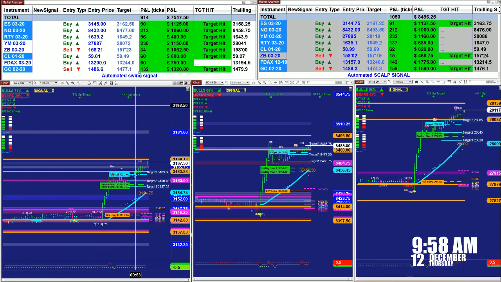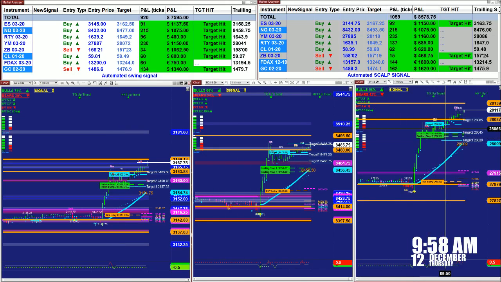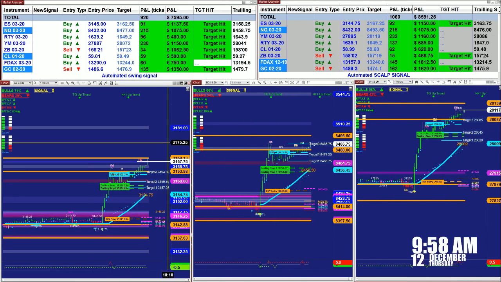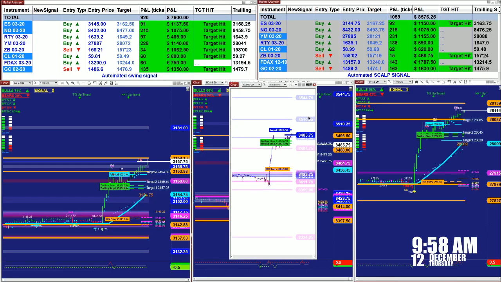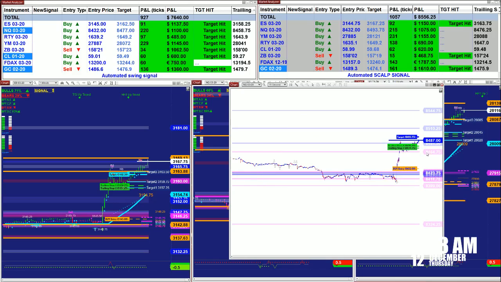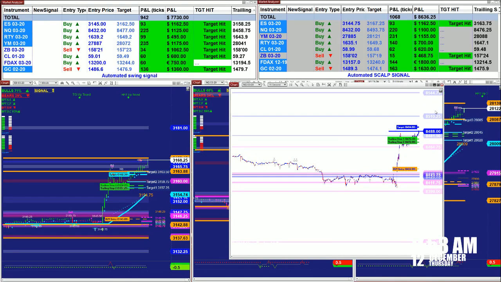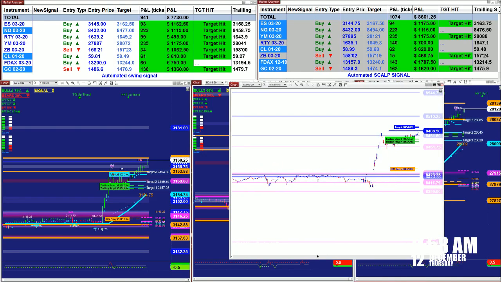On the swing trading, we use the blue chart here for the swing trading, and they already hit the target, all of them. For the scalper, the right corner here, we use the white charts as you see here. This is the scalping system, and we use the white chart for the scalper.